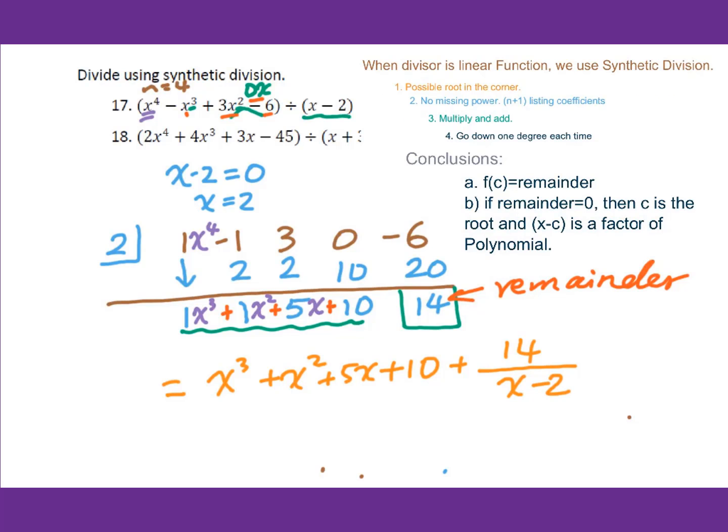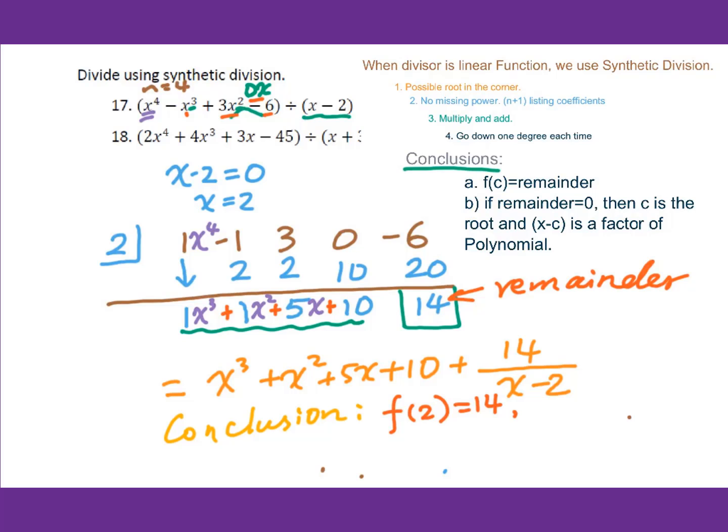After we finish this synthetic division, remember we can draw 3 conclusions. First of all, f of c equals the remainder. Therefore, for conclusion, we know that f of 2 equals 14.